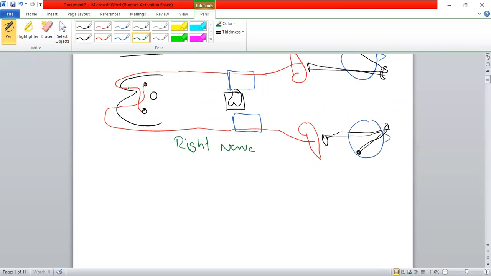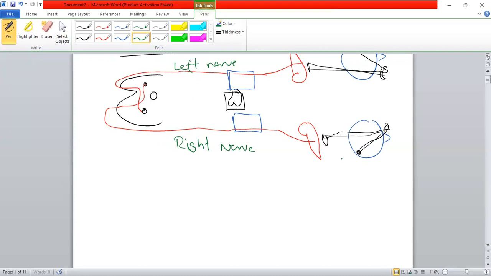And this nerve originates from the right side originally, but because it decussates and comes out on the left side, that's why we call it the left nerve. So whenever you get a question that your right nerve is having some problem, which muscle will be disturbed?